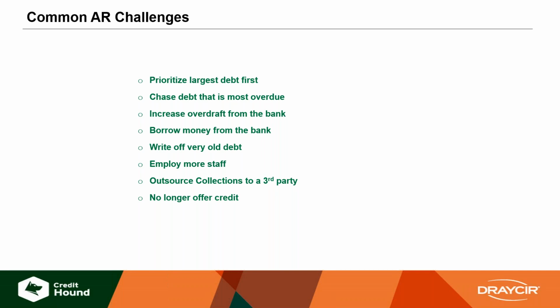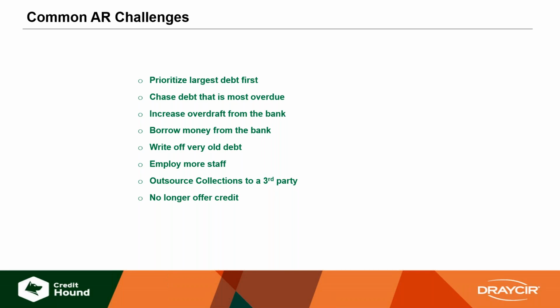Similarly, chasing debt that's most overdue. Again, theoretically, that would make sense, but that's a very reactive approach, and it will result in the newer invoices not being paid on time and just falling into the bad debt category anyway. So we'll just end up always chasing our tail.